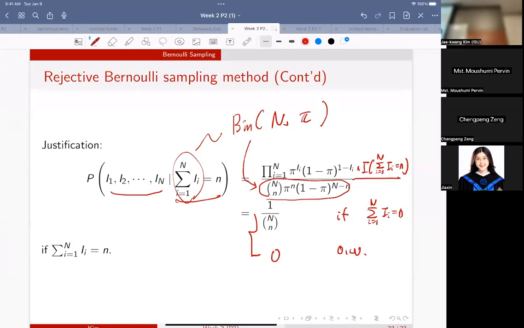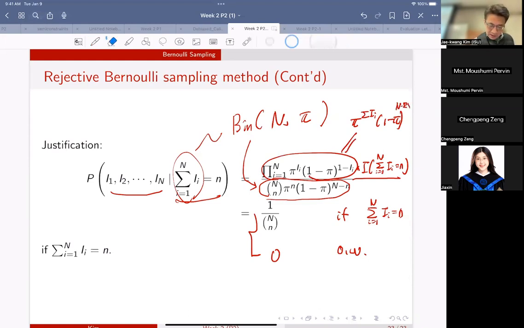The numerator is just the joint density of the Bernoulli variables, which is pi to the summation of the indicators times 1 minus pi to the N minus the summation of the indicators.